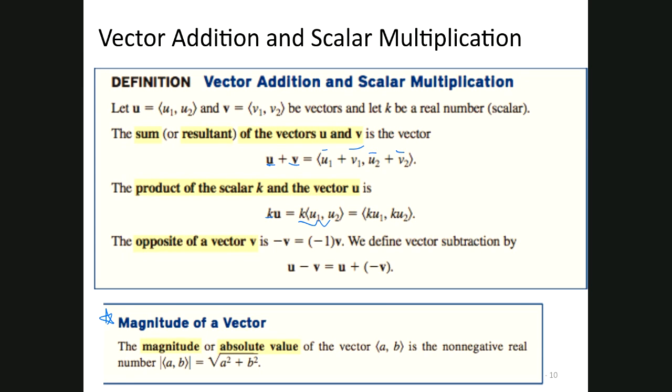The magnitude or absolute value of the vector ab is the non-negative real number, the square root of a squared plus b squared. Okay? And where does that come from when you think about it?